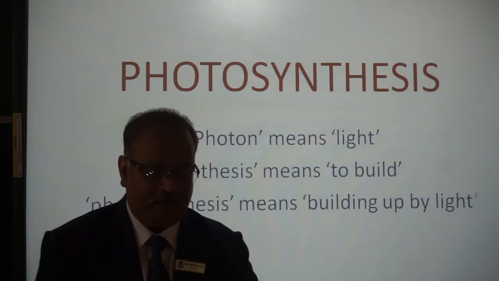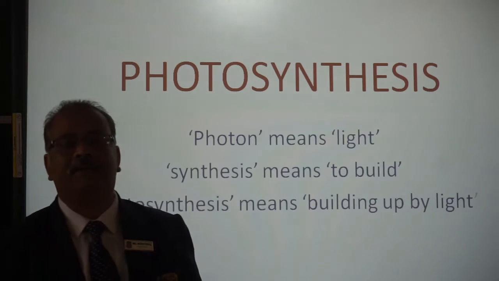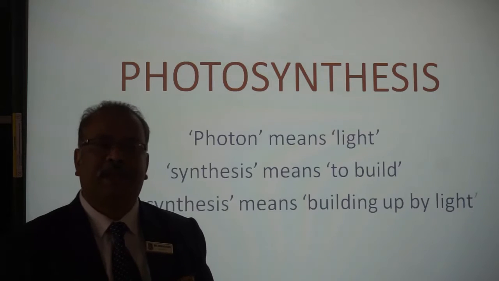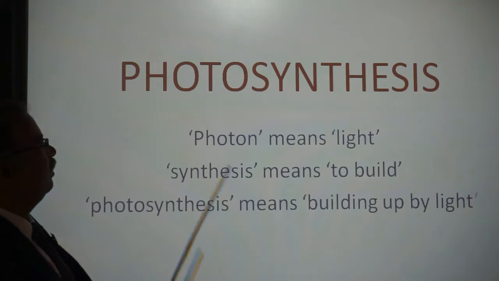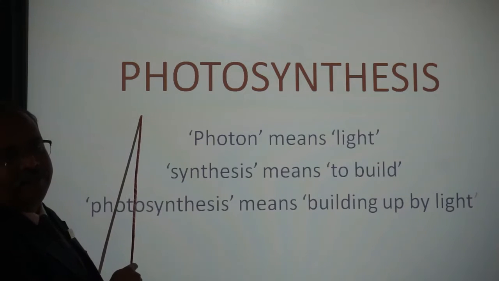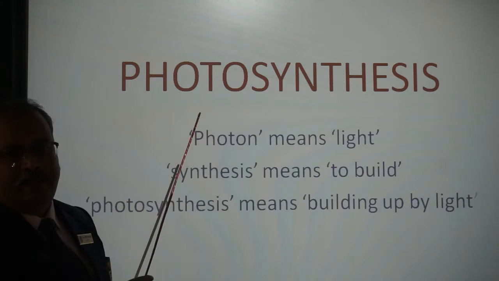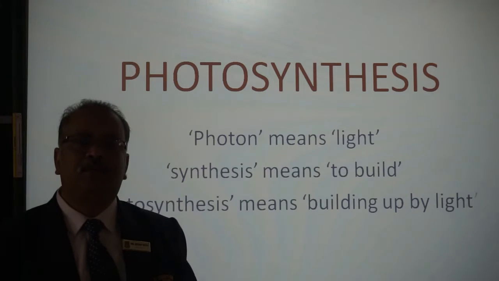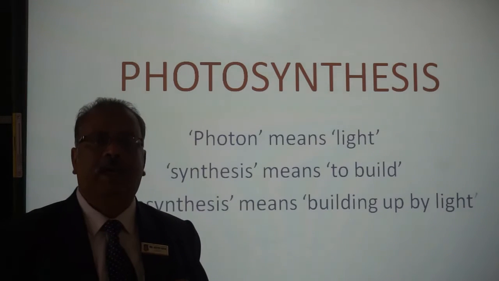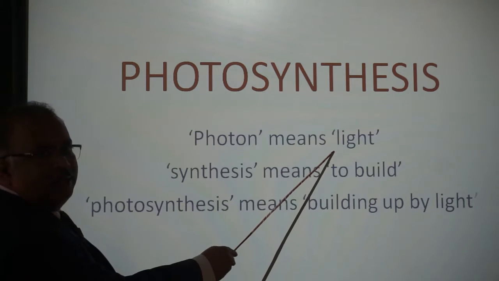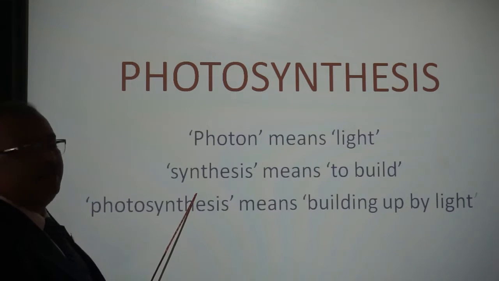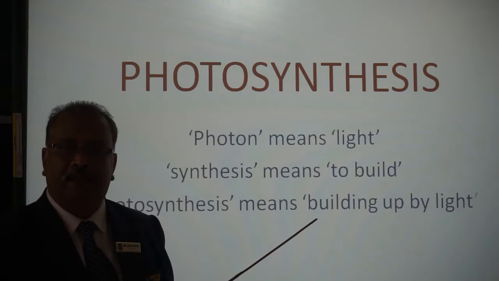Now, all of you know, right from the primary section you have studied about the process by which plants prepare their own food, and that process is photosynthesis. It's a word derived from two words, photon and synthesis. Photon means light and synthesis means to build.